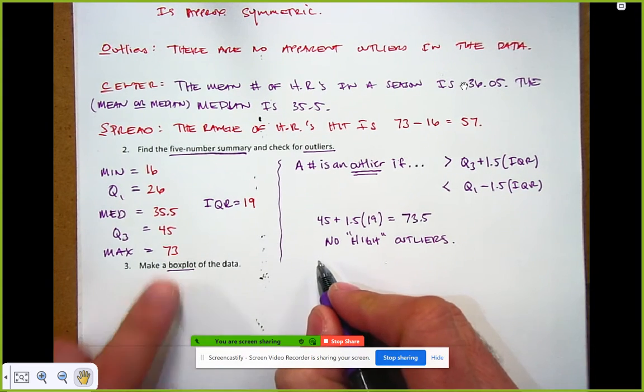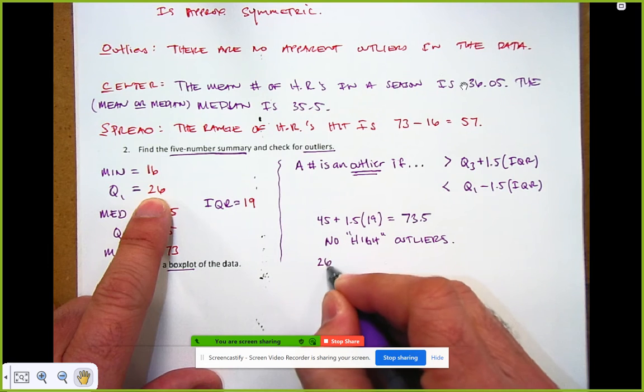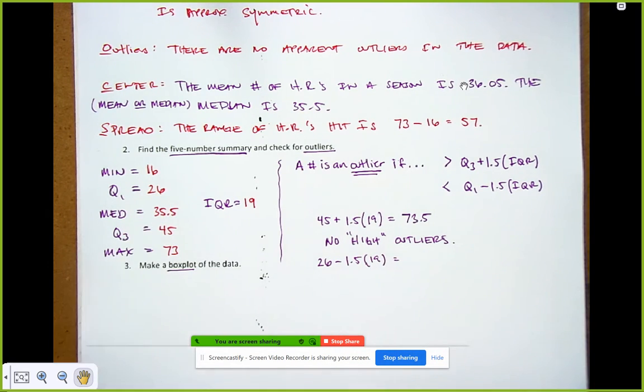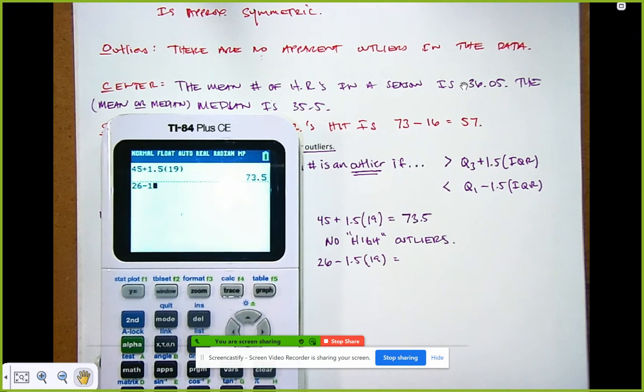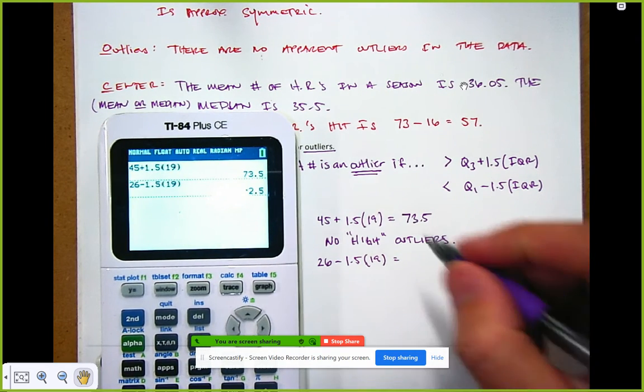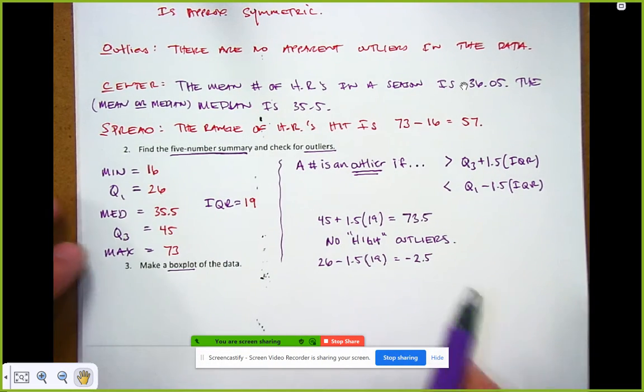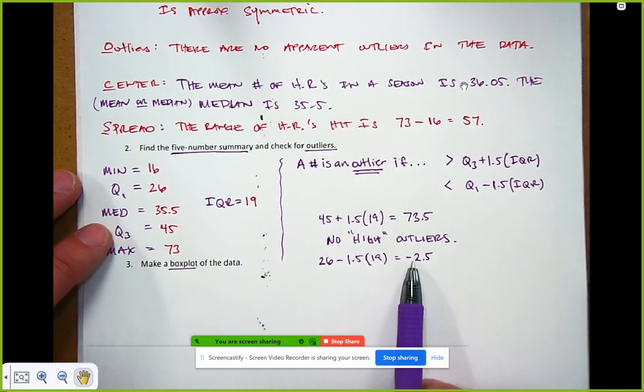Okay, let's check the low end. Quartile 1 is 26 minus 1.5 of 19. Again, simple calculation, 26 minus 1.5 of 19, and I get negative 2.5. It's not even possible to hit a negative number of home runs, right?